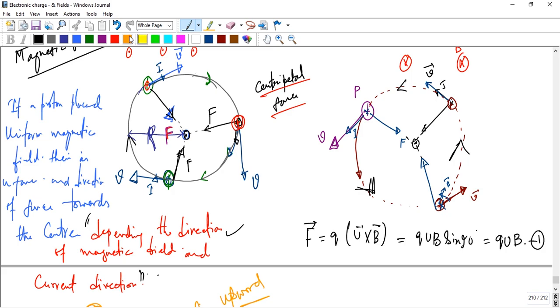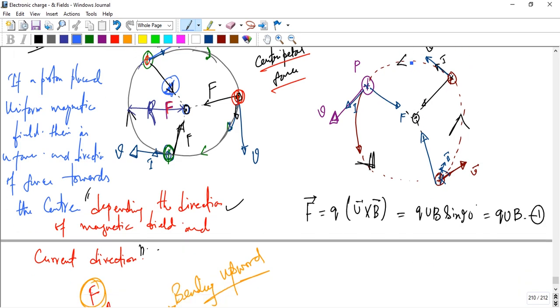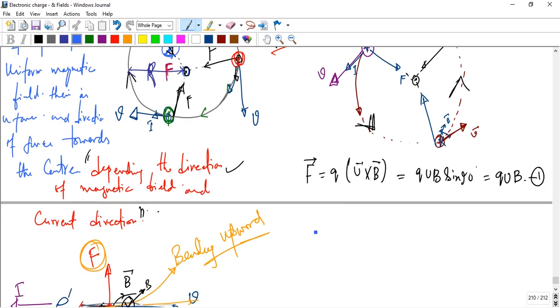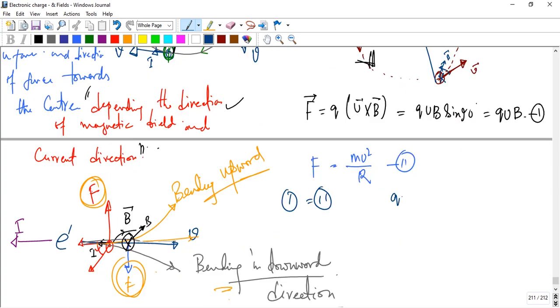And from Newton's law, there is a force, and this force, from mechanics, is equal to m v square by r, where r is the radius. That's equation number 2. Now these two expressions are for the same force, so 1 equals 2, and we get qvB equal to m v square by r.